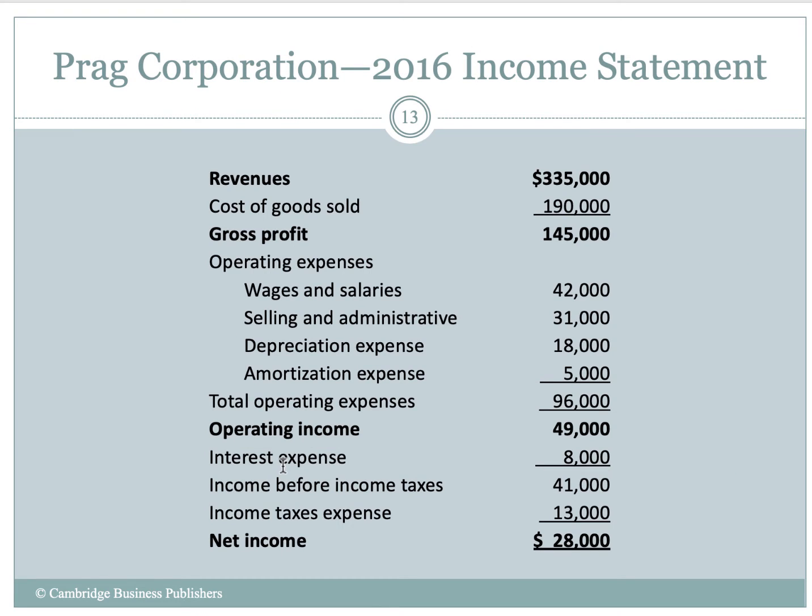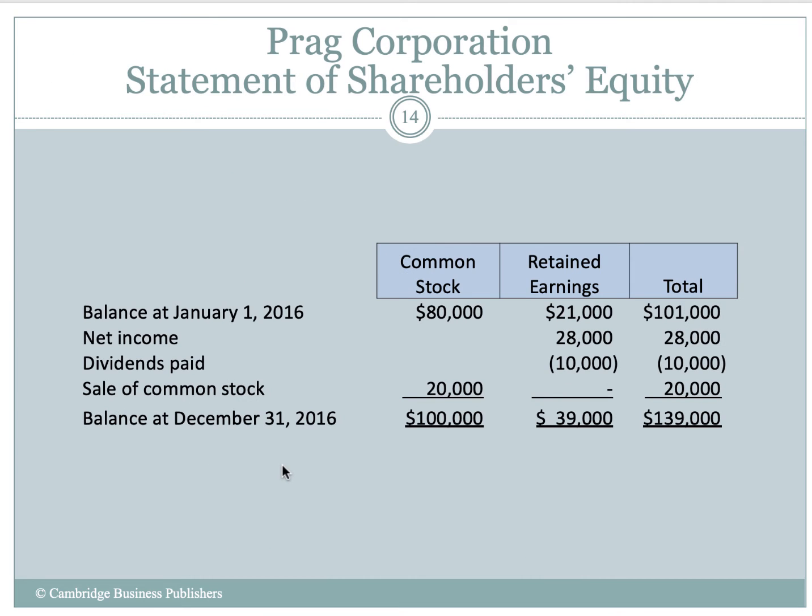Okay, so again, first thing we do is we start with our net income, right? We have the income statement here. We have our revenues, cost of goods sold, gross profit. Check it out. All of our operating expenses, right? Wages and salaries, selling and administrative, all those expenses, okay? Then we have our statement of shareholders equity.